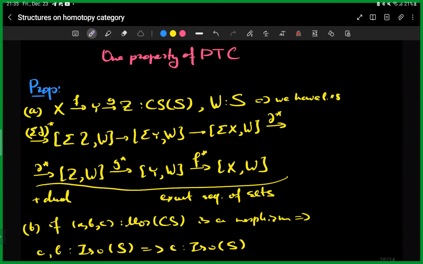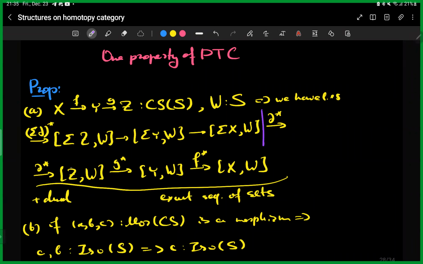And in pre-triangulated categories, we have the following, actually very abstract property, which states that if we have a cofiber sequence and we have an arbitrary object of S, then we have a long exact sequence of sets of homotopy classes, which, starting from here, are groups.